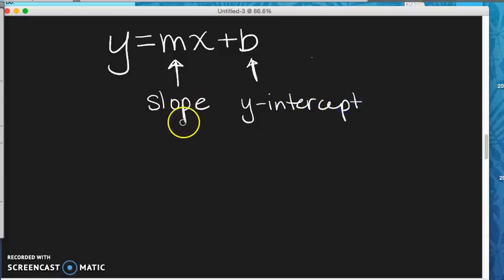The slope of a line is how steep the line is, and the y-intercept is the point where the equation of the line crosses the y-axis. Whenever the line crosses the y-axis, the x-coordinate of that point will always be 0.